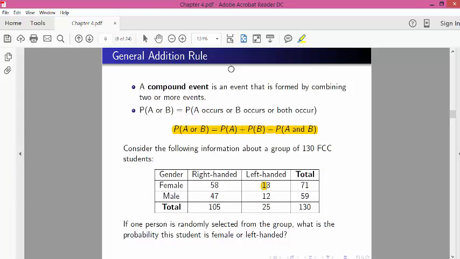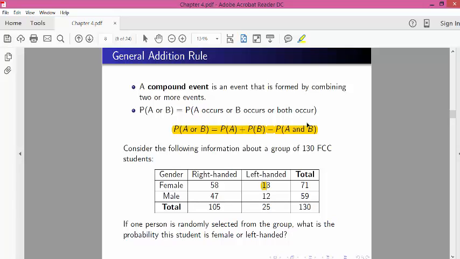Are there any situations when you don't have to worry about this one right here? Yes, whenever the two events cannot happen at the same time. So for example, what if you ask to find the probability of a student being either right-handed or left-handed? Okay, then you just add up right-handed plus left-handed, right? There was no student that's both right-handed and left-handed.